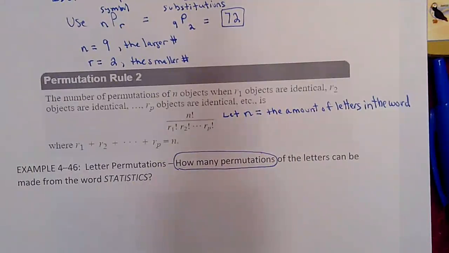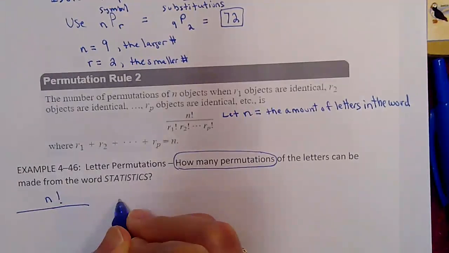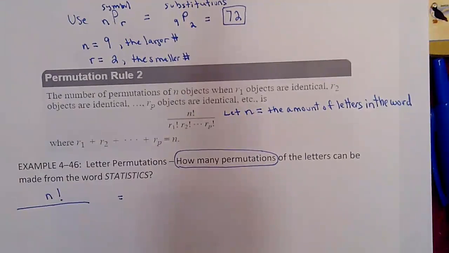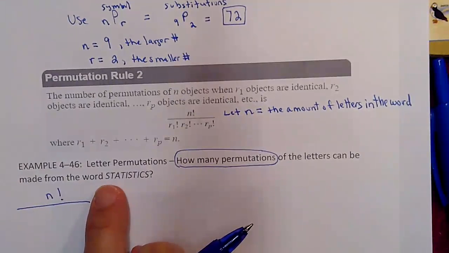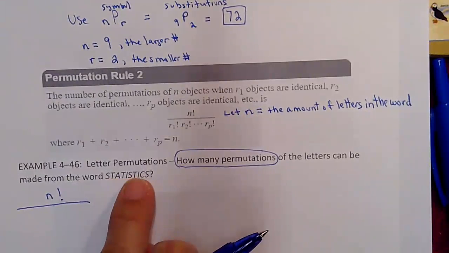Now earlier we did work with the word pencil, but that was something different. They didn't also say how many permutations, so that's a little bit different. Here it says how many permutations of the letters can be made from the word statistics. So in our formula we have n factorial over. For us, n is going to equal, if I count my letters, 1, 2, 3, 4, 5, 6, 7, 8, 9, 10.